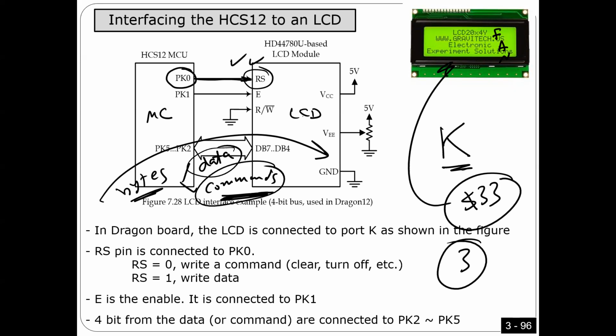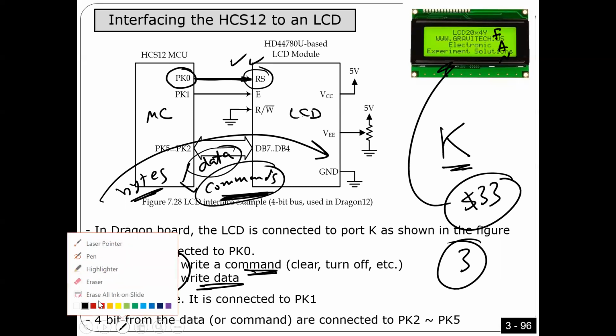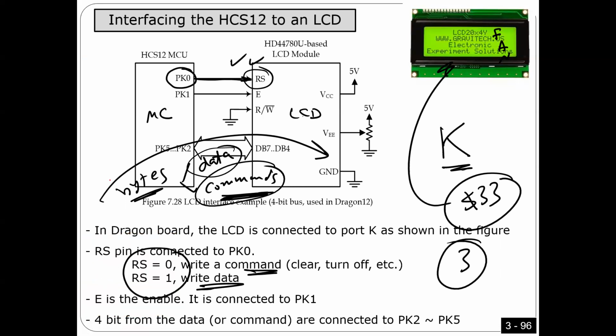So you have to set this bit before you send the byte. As I said last time, if you put 0, you are telling it it's a command. If you put 1 here, you are telling the LCD this is data. That means before I send the byte, whether it is data or command, first I have to tell the LCD. So if it is a command, you have to put 0.